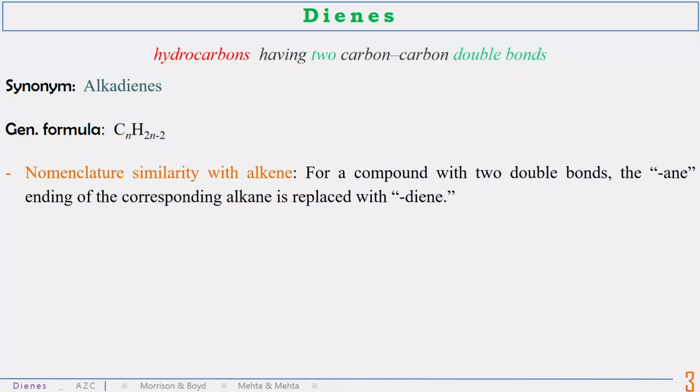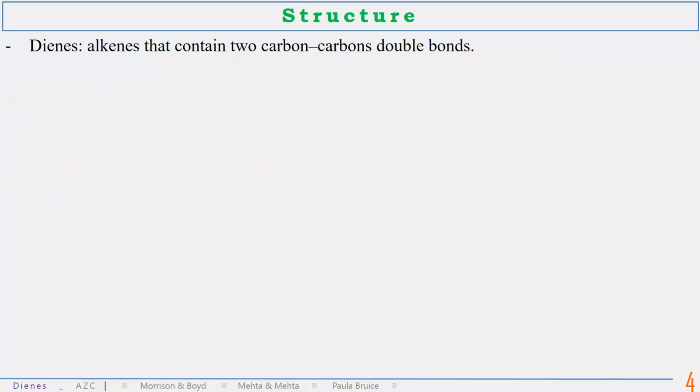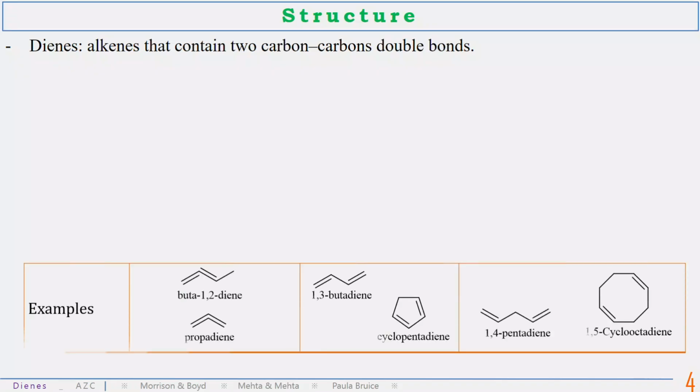For a compound with two double bonds, the -ane ending of the corresponding alkane is replaced with -diene. Diene shows general formula similarity with alkynes, thus isomeric with alkynes. Dienes can be assumed as alkenes that contain two carbon-carbon double bonds.